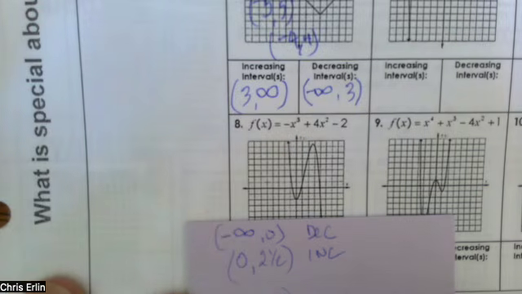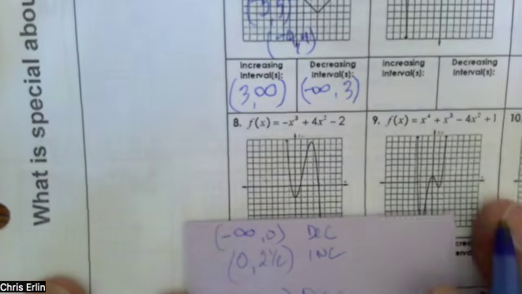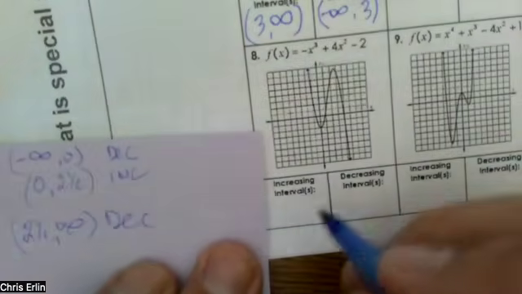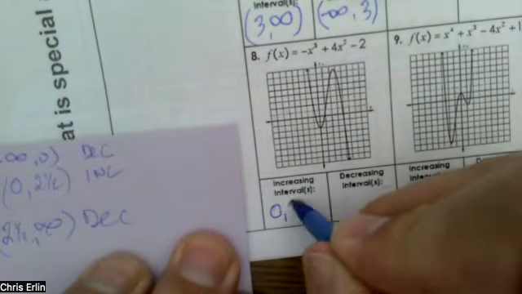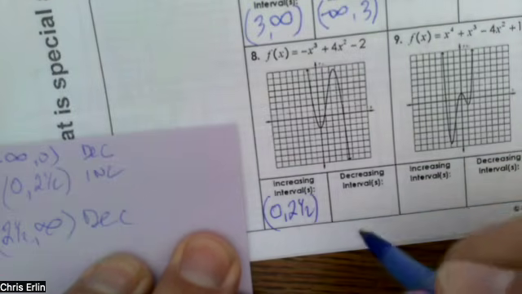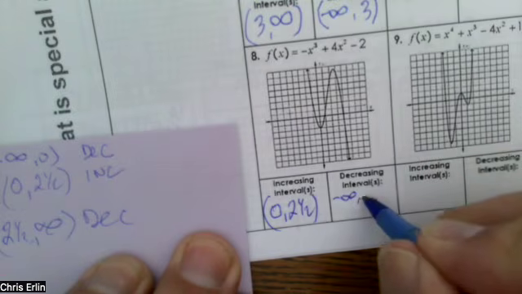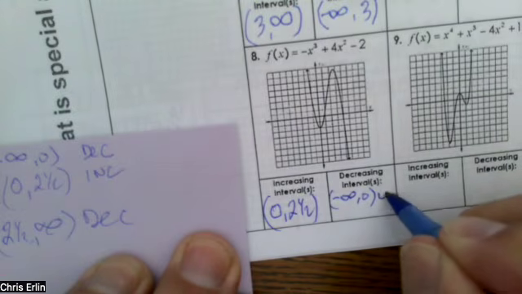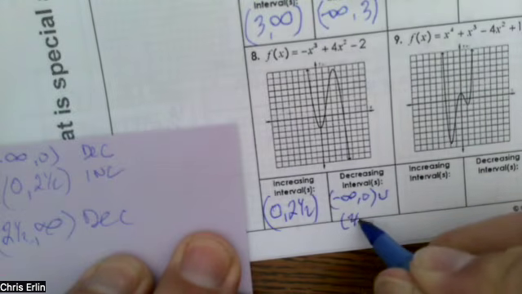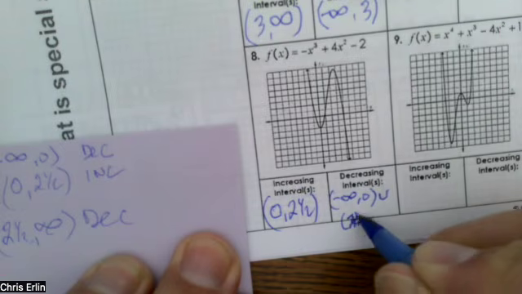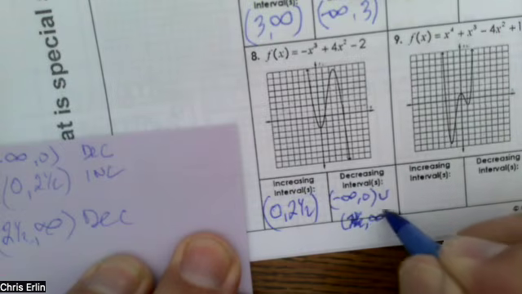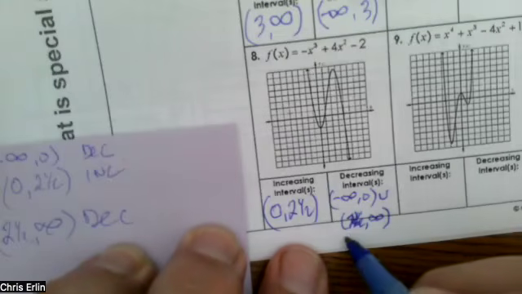Decreasing. So I would take these pieces of information and say, okay, my increasing interval was 0 to 2.5. My decreasing interval had 2 of them, -infinity to 0, union 2.5 to infinity.